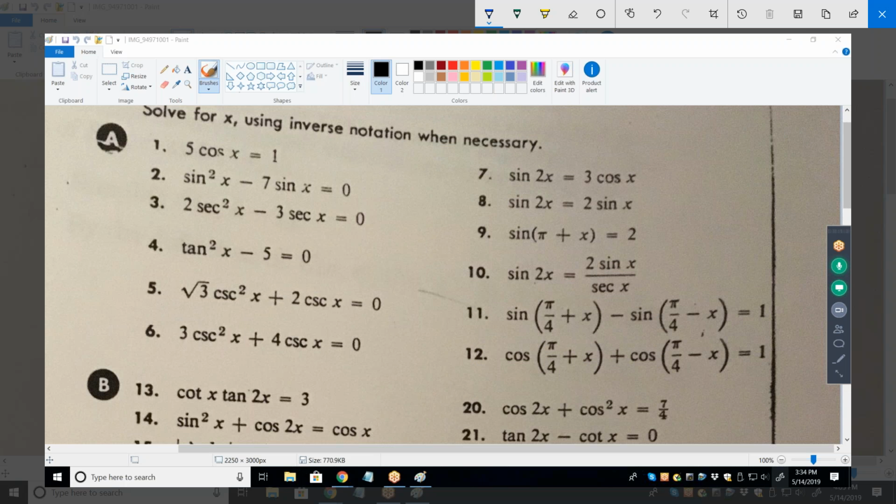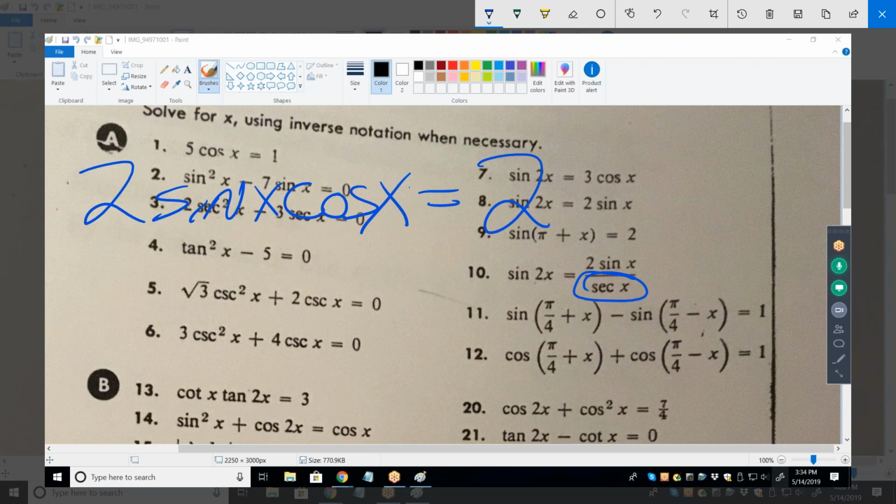All right, let's try this next one. Give me the double angle formula for sine of 2x. That's the way I'm going to start it. 2 sine of x cosine of x. And that's equal to, what's secant of x? Secant of x is 1 over cosine of x. Which makes this, right?